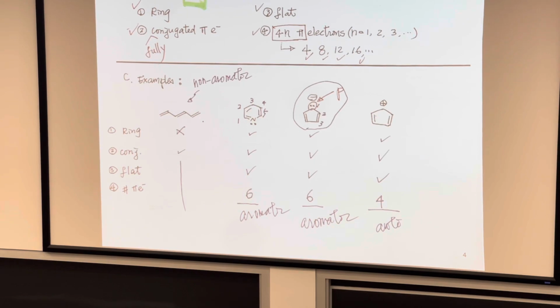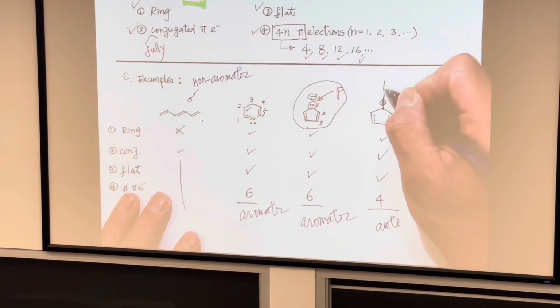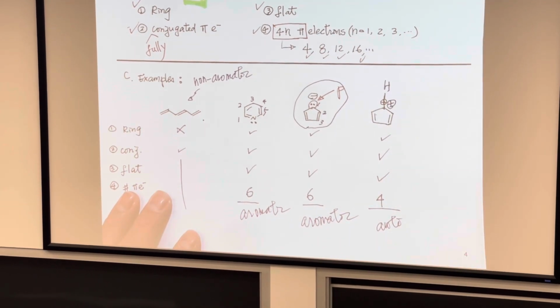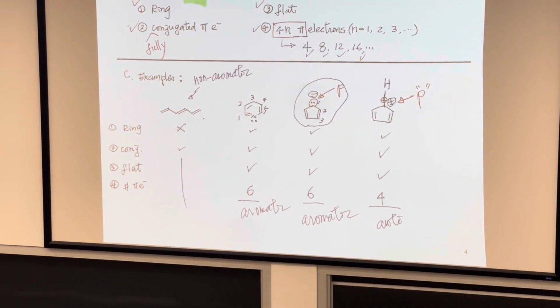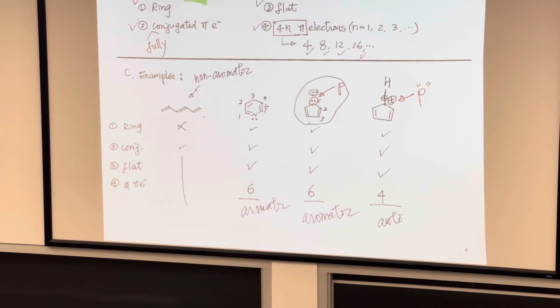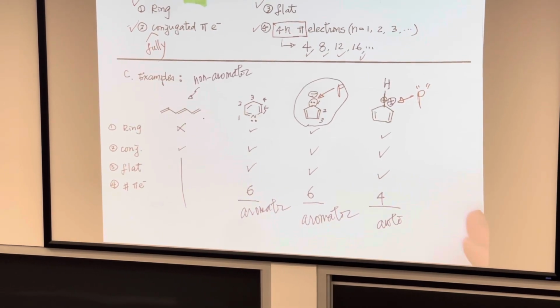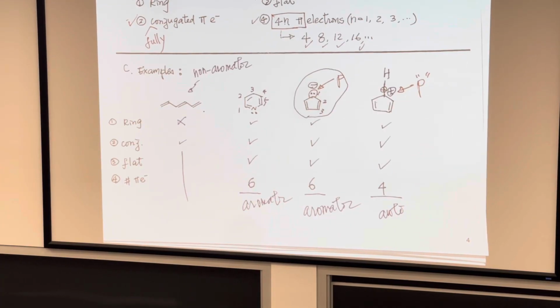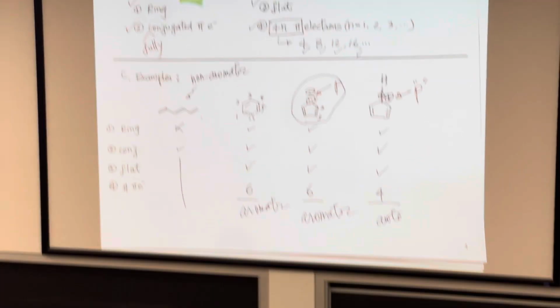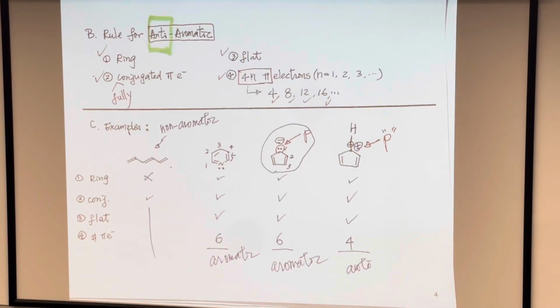Here, we got a positive charge. This positive charge is in a p orbital. You guys need to know that, okay? I don't have time to address that. I believe probably 40 to 50% of students know already.